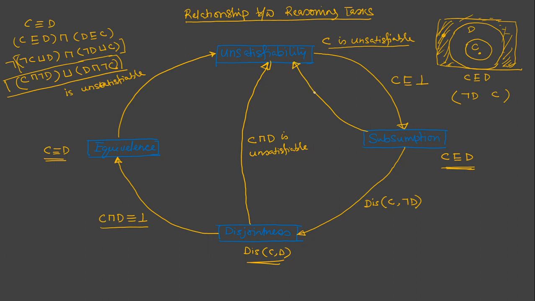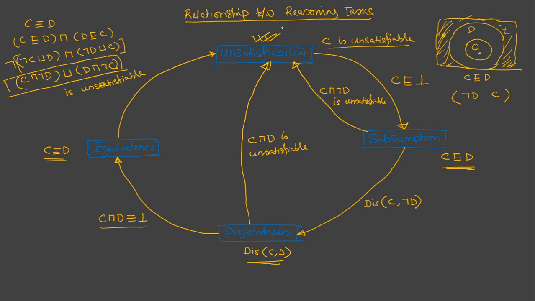So you can say that C intersection not D is unsatisfiable. So you see that every task can be mapped to the unsatisfiability task.